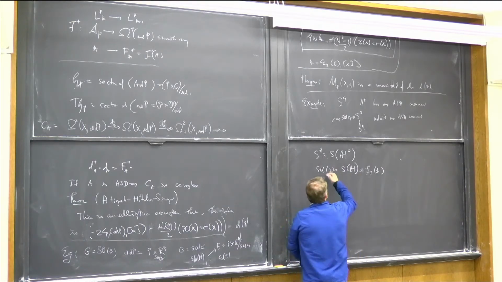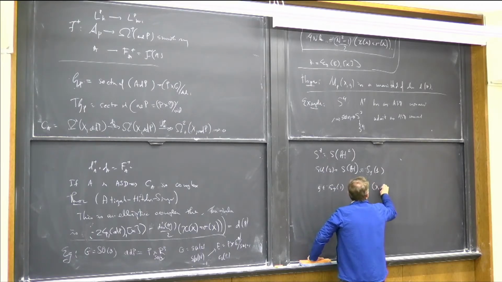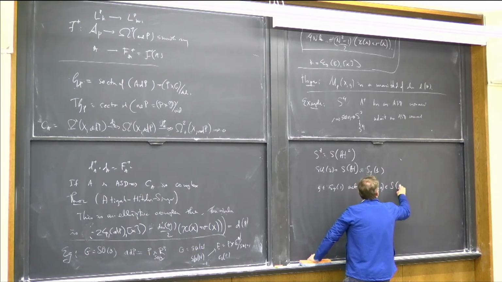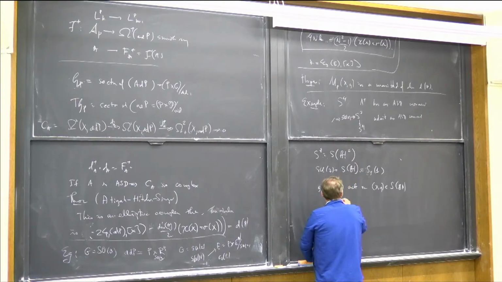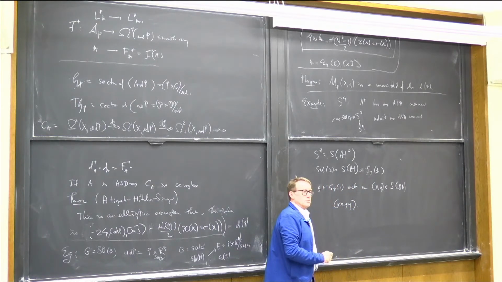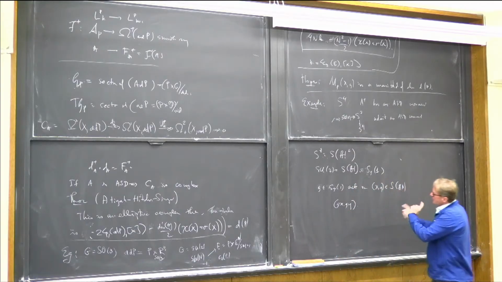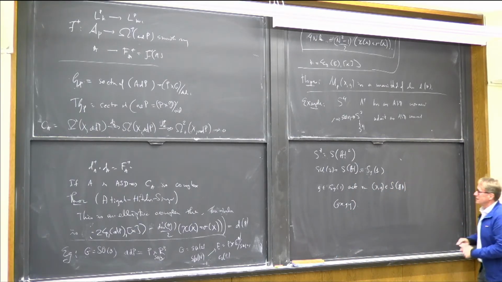I let g in Sp(1) act on (x, y) in this sphere by right multiplication. Today I'm saying it's right multiplication; tomorrow it might have been left multiplication. It matters: one of them is self-dual, one of them is anti-self-dual.